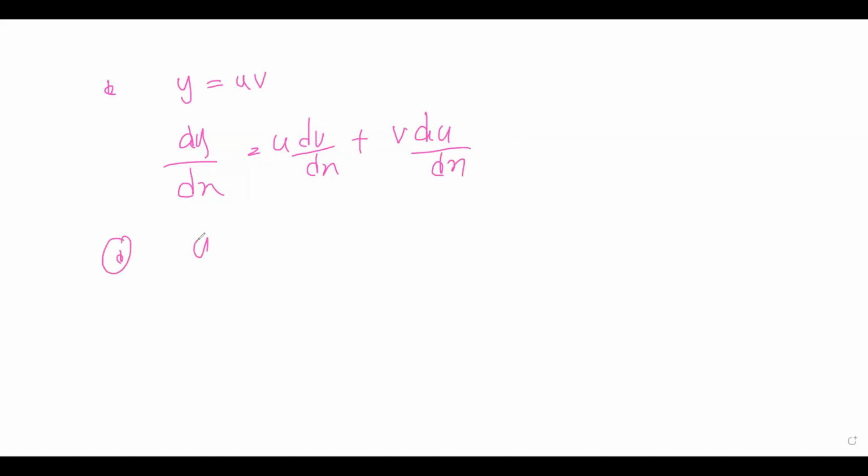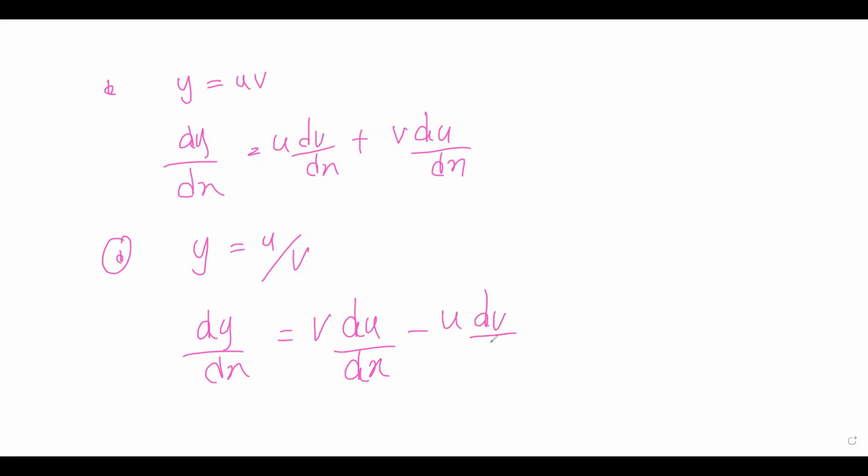So, the other one, y equal u divided by v, it should be dy by dx equal to, you can write down first v and derivative of the other one du by dx minus, and you can write upper one u dv by dx divide by down one square, v square. These are the equations. Okay.